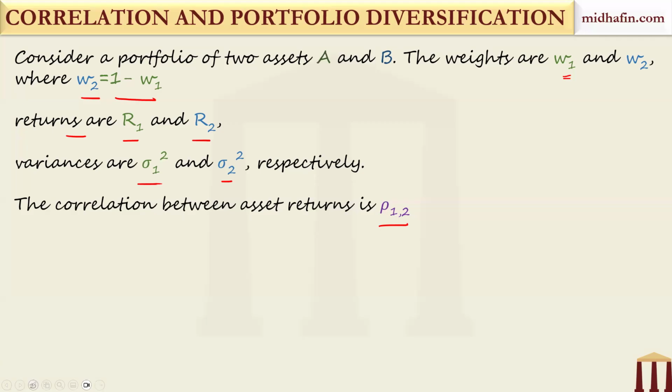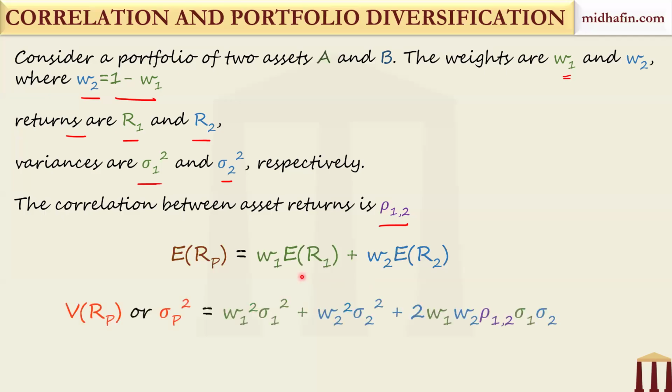So if this data set is given to you regarding the variances and returns of the two assets along with their correlation, then two parameters you can easily estimate. You can estimate the expected return of the portfolio, which is simply the weighted average returns: W1 ER1 plus W2 ER2. Simple.